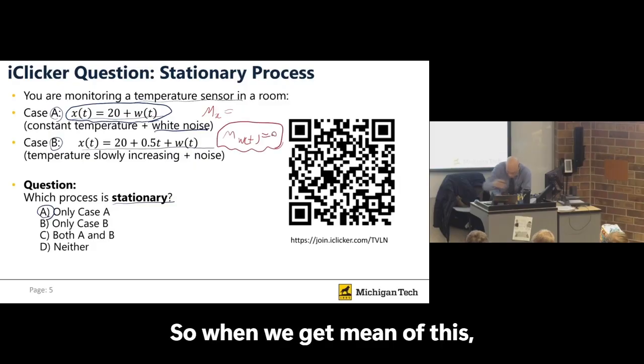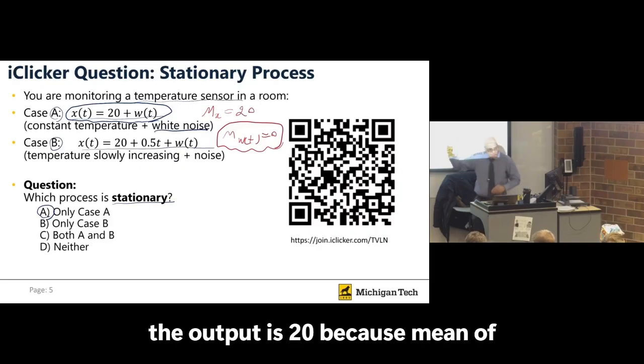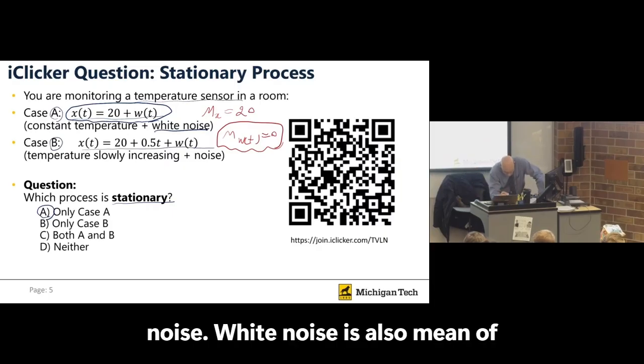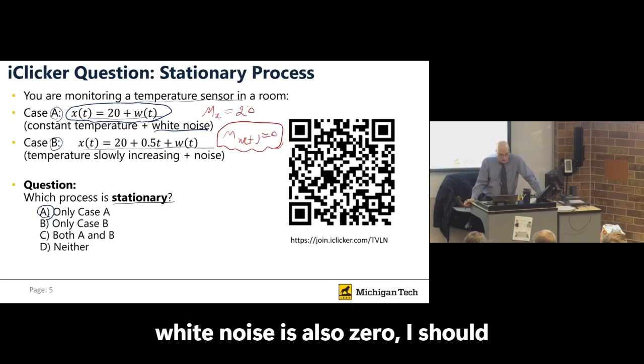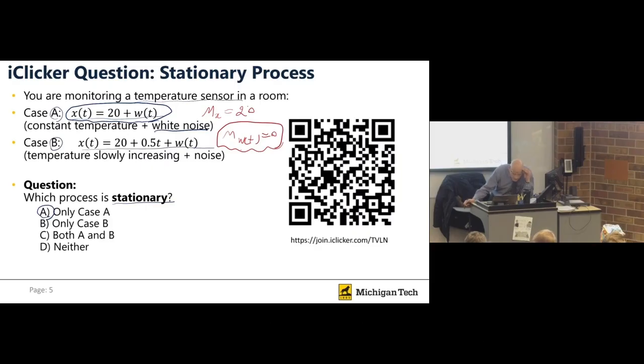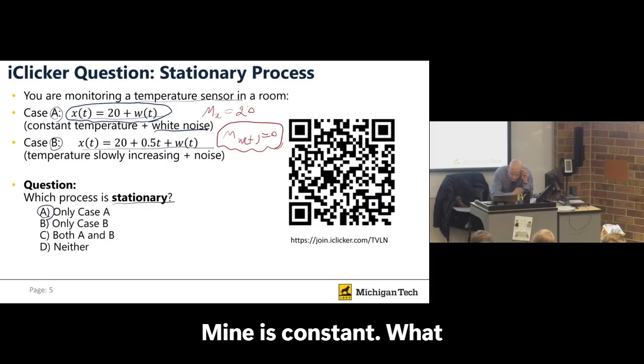So when we get the mean of this, the output is 20, because the mean of WT is always 0, because it's white noise. The mean of white noise is also 0. I should mention that as well. So in this case, the mean is constant. What about autocorrelation?